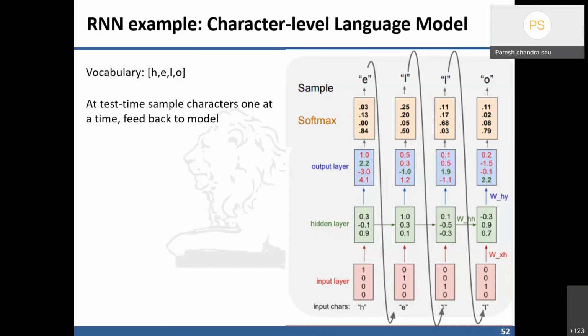What is the size of the input features? 4. No, not 4. 4 plus 3. This is also input. 4 plus 3, 7.